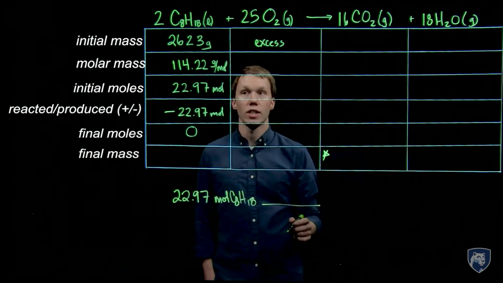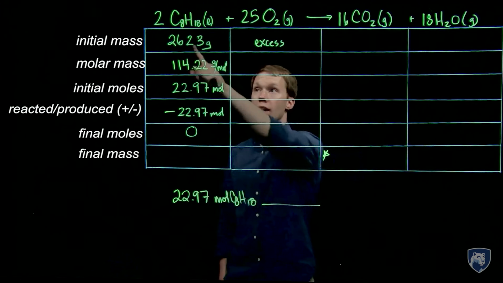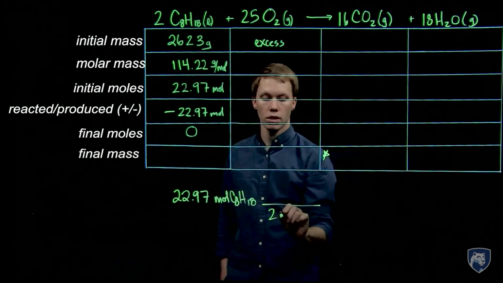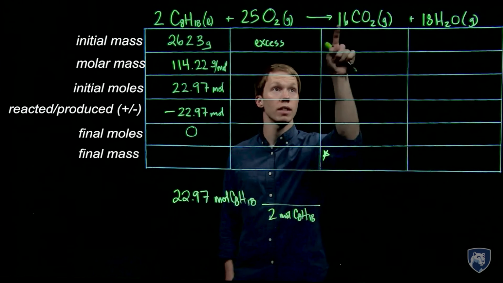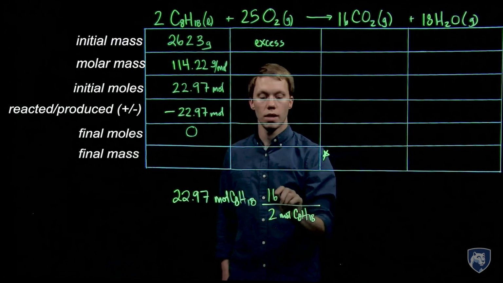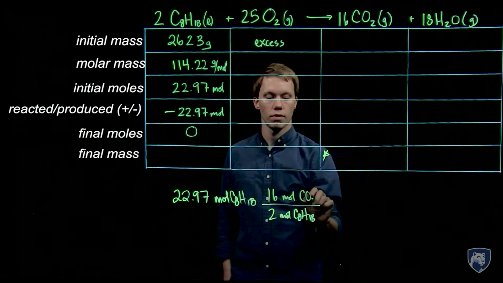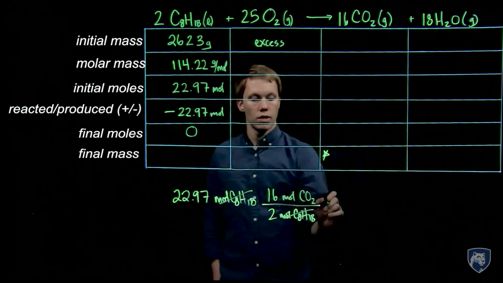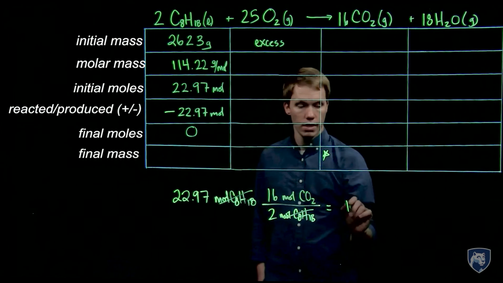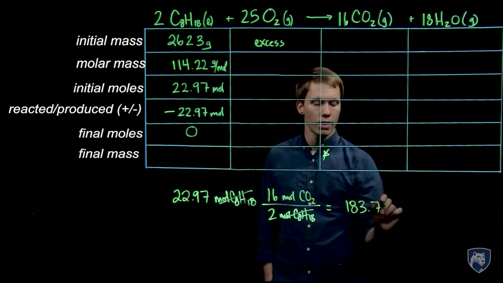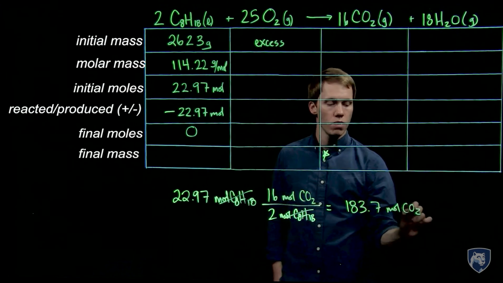I get my mole ratio from the balanced chemical equation. I have 2 moles of C8H18 producing 16 moles of CO2. So I would get 183.7 moles of CO2 out.